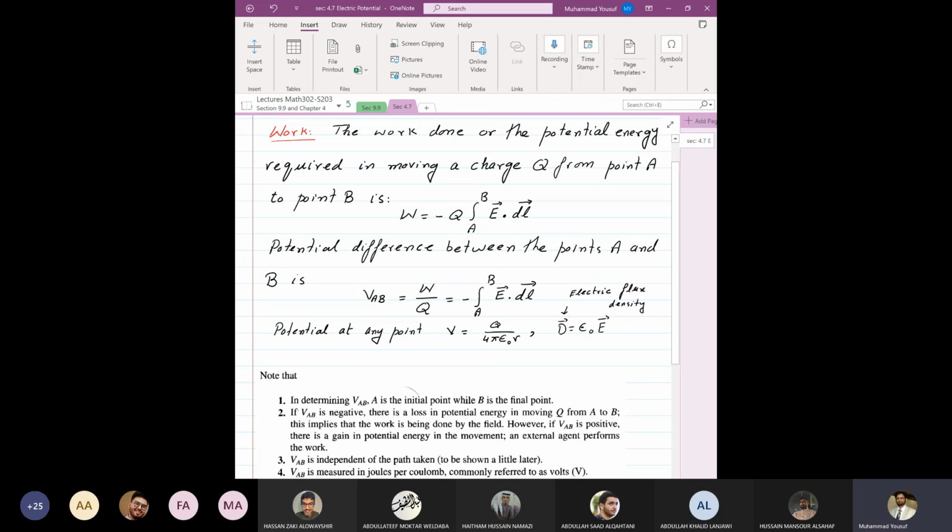And E is something we have already written here. It is the electric field.